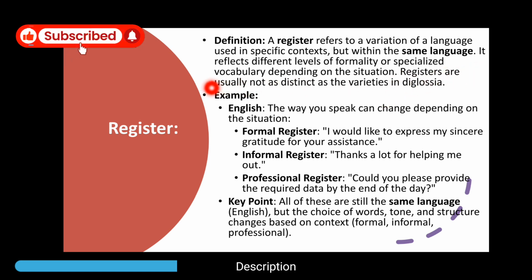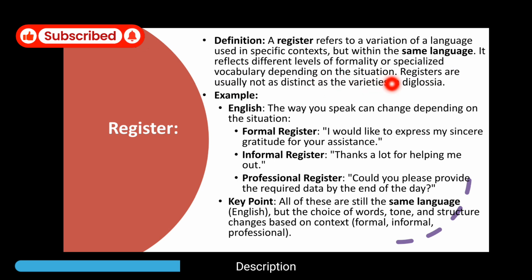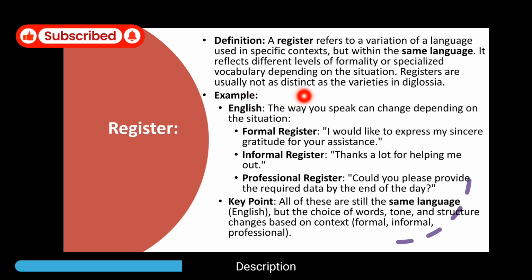So it reflects different levels of formality or specialized vocabulary depending on the situation. So registers are usually not as distinct as varieties in diglossia. This is another difference.